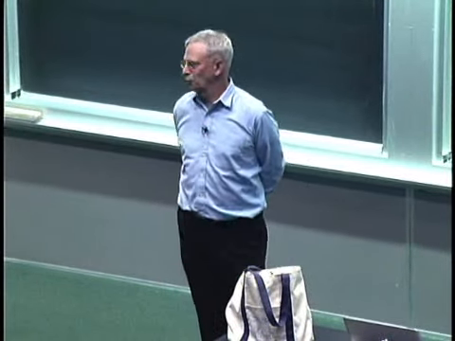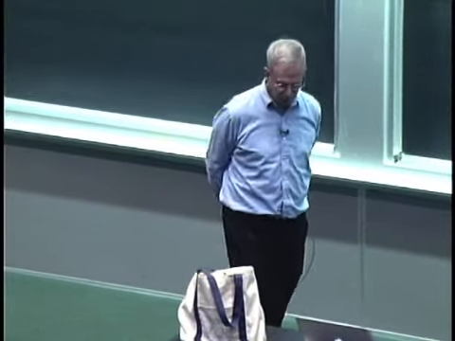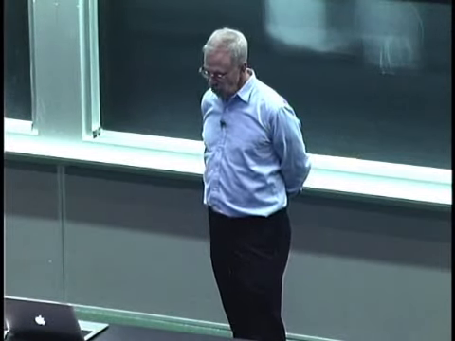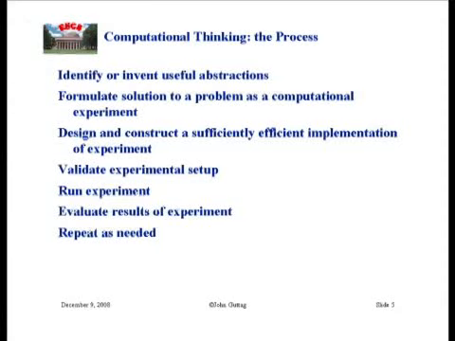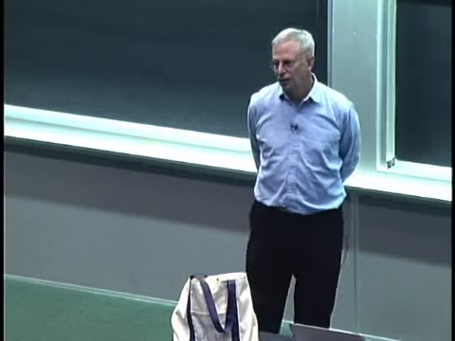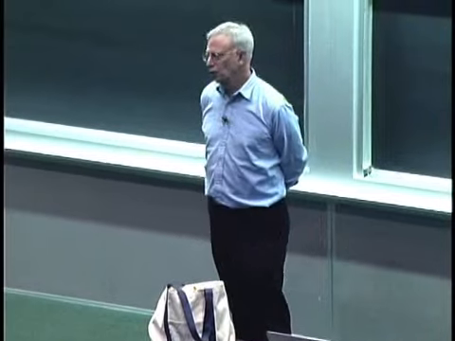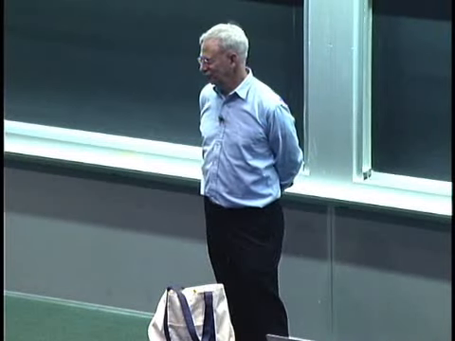And it doesn't have to be the fastest possible. We then need to validate the experimental setup, convince ourselves that the code is right, and then run the experiment, and then evaluate the results, and then repeat as needed. And that's, of course, the key. By now, you've all learned that these experiments rarely are done the first time you run them.